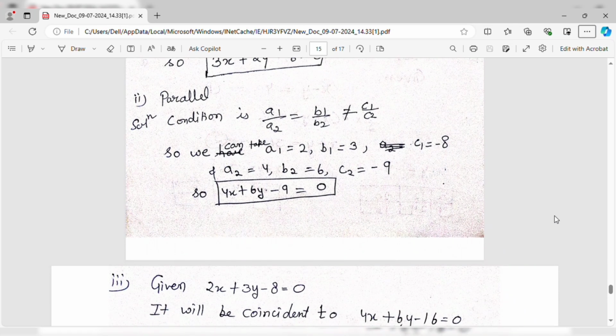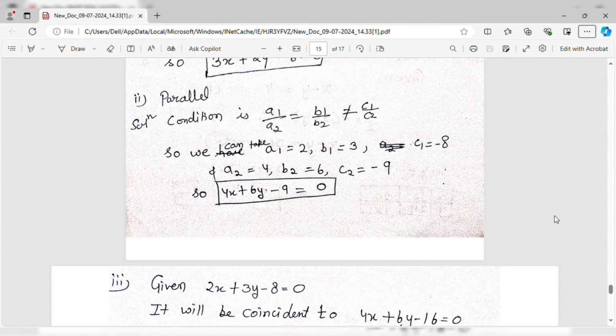For the second part, we need a line which is parallel to the given line. So the condition for parallel is a1 upon a2 is equal to b1 upon b2 and not equal to c1 upon c2. So we will take the ratio such that a1 upon a2 and b1 upon b2 are the same. I am taking the ratio as 1 by 2. And for the third part, c1 upon c2 should not be equal, so I am taking it as minus 9.